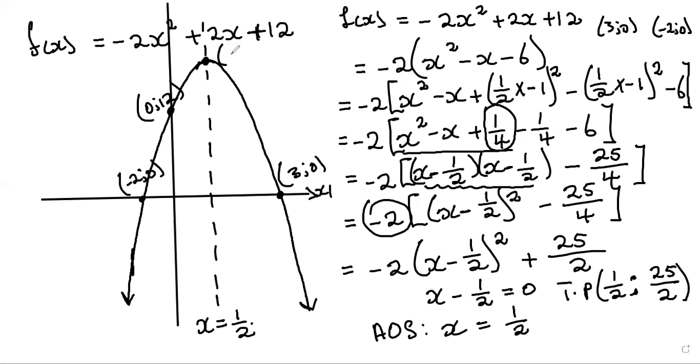And the turning point will be where x is half and y is going to be 12.5. Then you'll label your graph and tell us that it's actually f. And then here you'll say it's your y-axis.